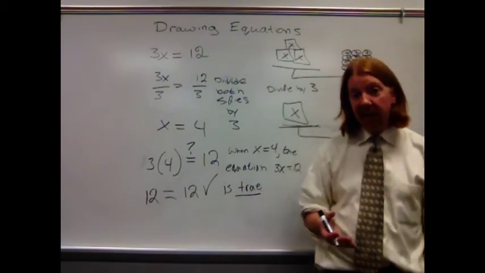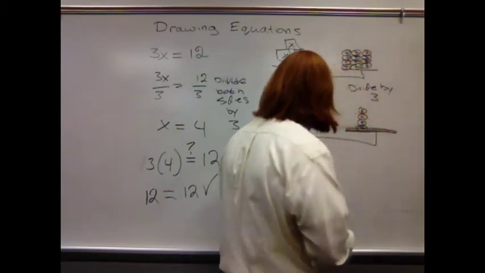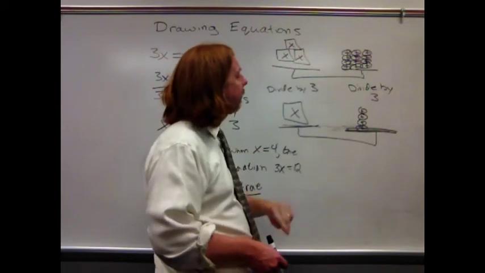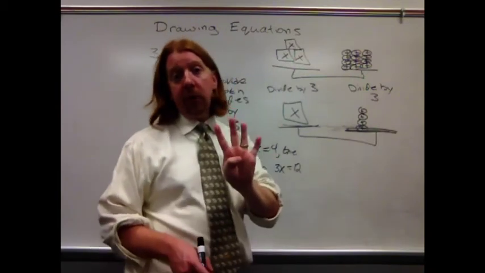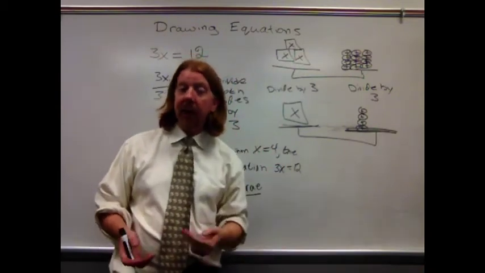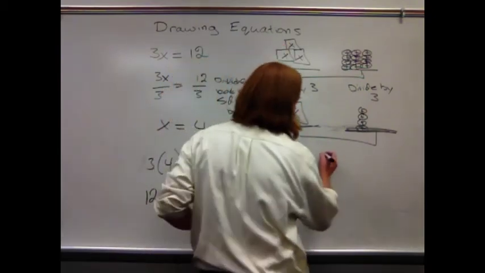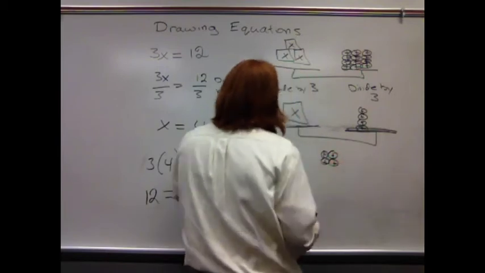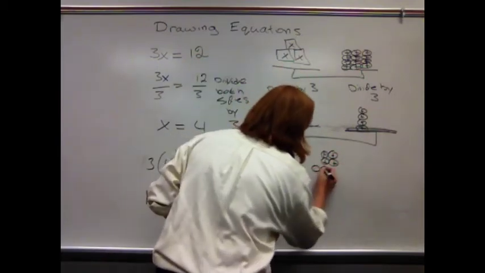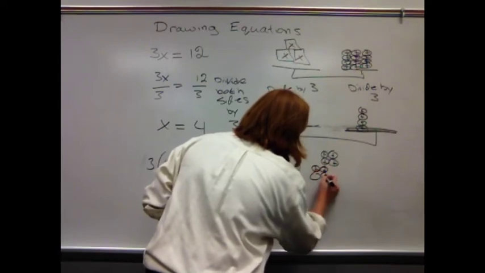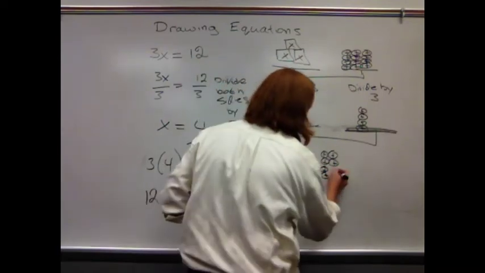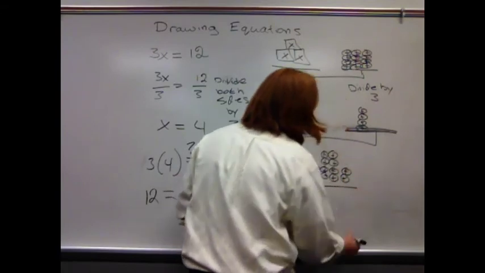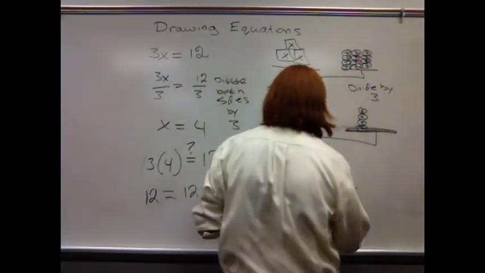Lastly, I'm going to illustrate this. Going back to my original picture, if I were to replace each of those boxes with 4 circles, would I have a balanced scale? Well, this top box will be 4 circles, 2, 3, 4. This box would be 4 circles. And this box is going to be 4 circles. Does that balance the 12 I have over here?